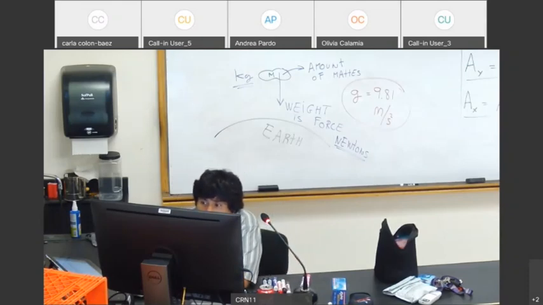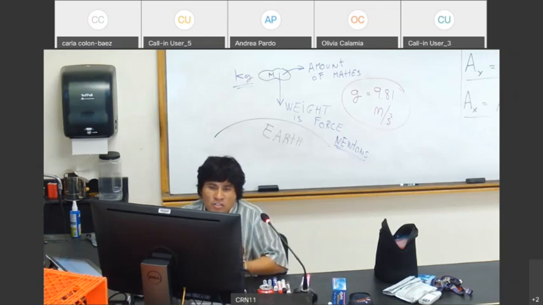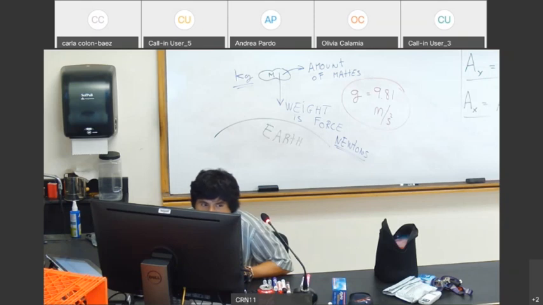Also, mass measures inertia. The larger the mass, the greater the inertia. An easy example. Let's say you have a tennis ball and a bowling ball. And they both are coming towards you. Which one will be easier to stop? The bowling ball or the tennis ball?